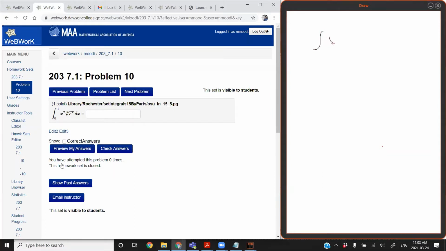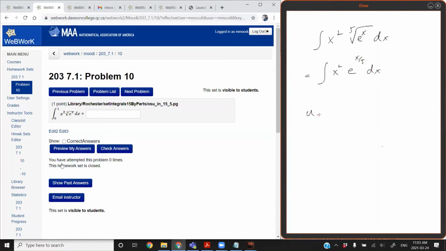Okay. Let's see. We have x to the power of 2, and then the 5th root of e to the power of x dx, which we can also write as the integral of x squared e to the power of x over 5 dx, because this is like having the power of 1 over 5.